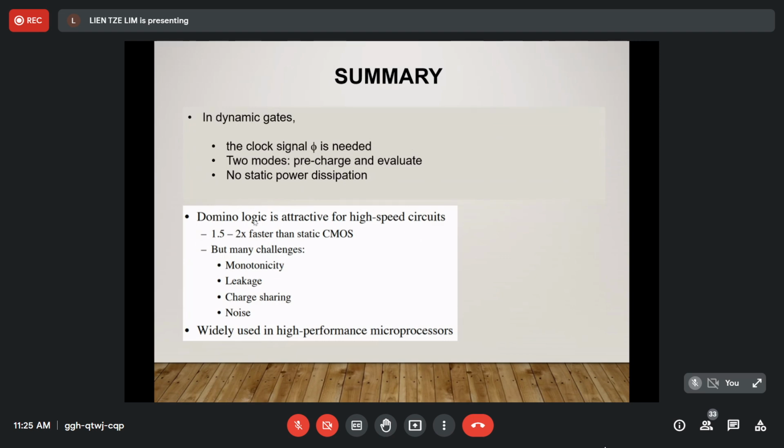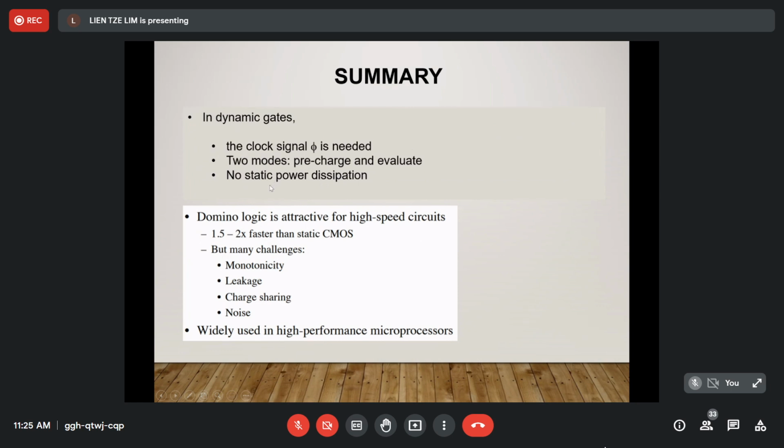There is a summary here. In dynamic gates, the clock signal is needed. There are two modes, which are the pre-charge and evaluation phases, and also no static power dissipation.